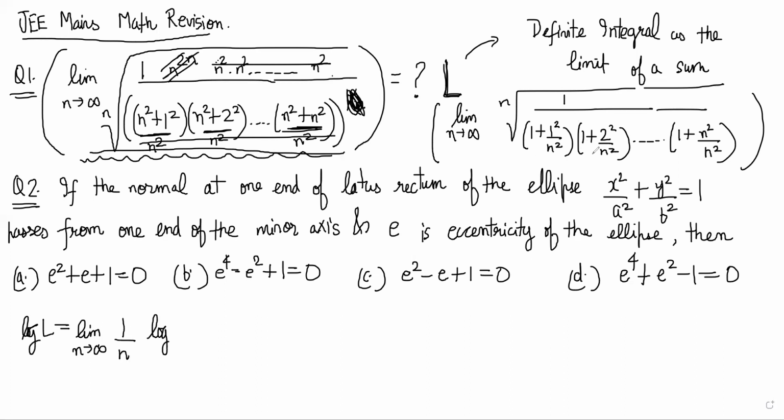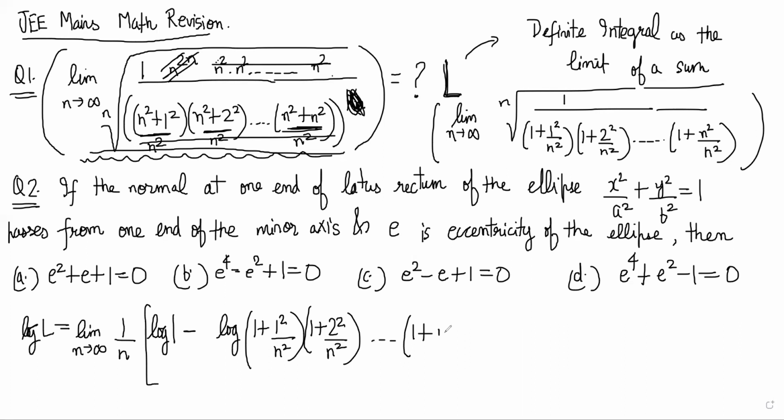And log of that bracket will be log 1 minus log of the product. Log 1 is 0, so this can be removed. It is just the negative of this thing, which is a sum now because log of a product is the sum of those logs, right?